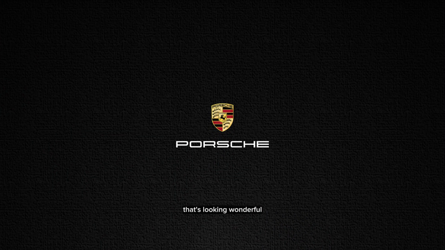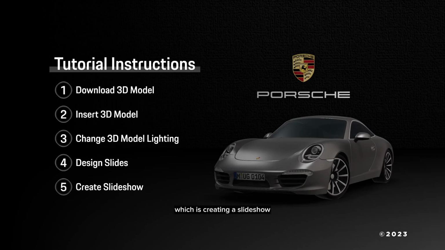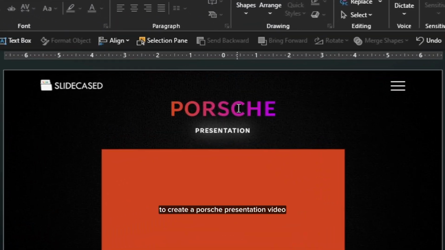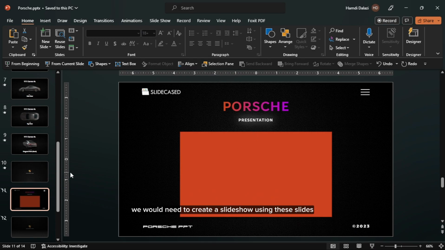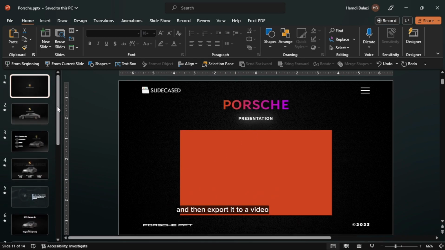That's looking wonderful. Moving on to the next step, which is creating a slideshow. To create a Porsche presentation video based on this presentation, we would need to create a slideshow using these slides and then export it to a video.